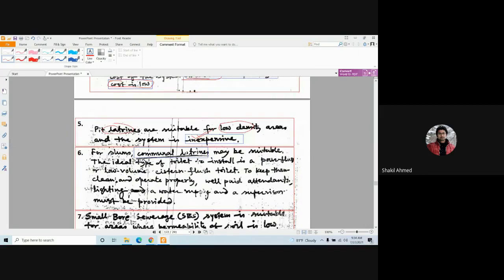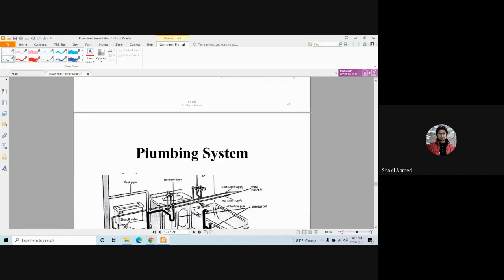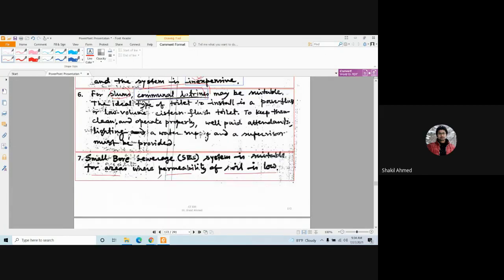For slums, a communal latrine may be suitable because in slums you have low income people, and communal latrine means one latrine will be used by multiple households. A small bore sewer system is suitable for areas where permeability of soil is low, like soakways and others.